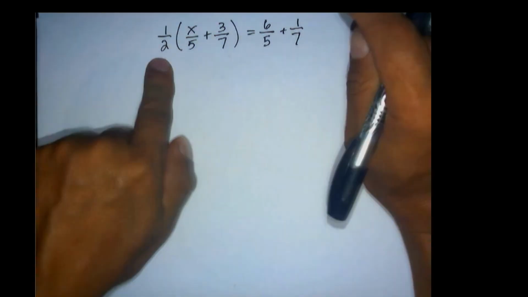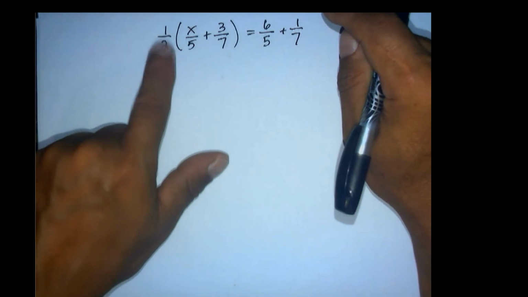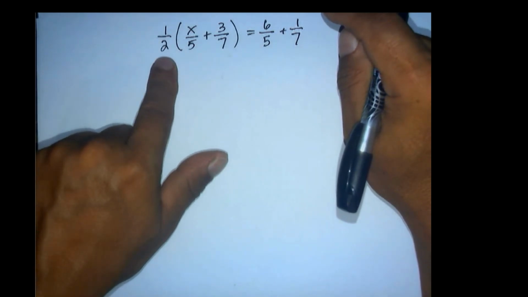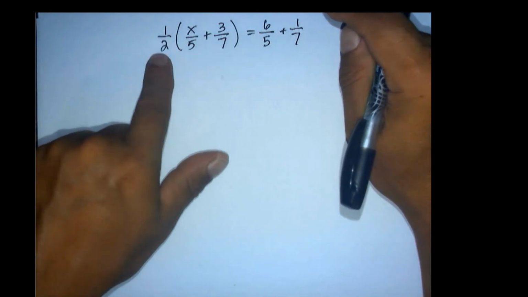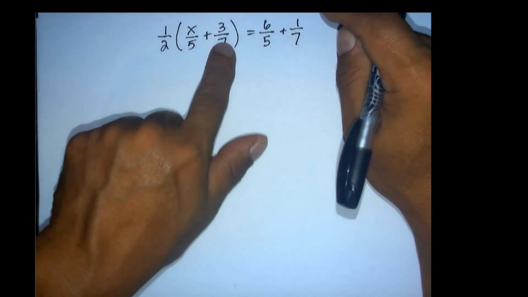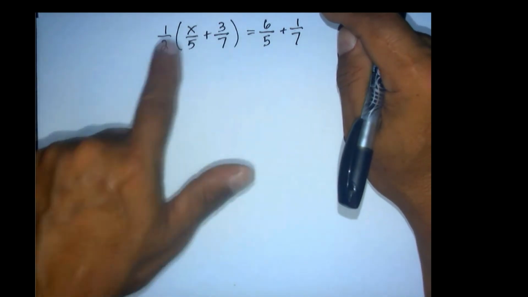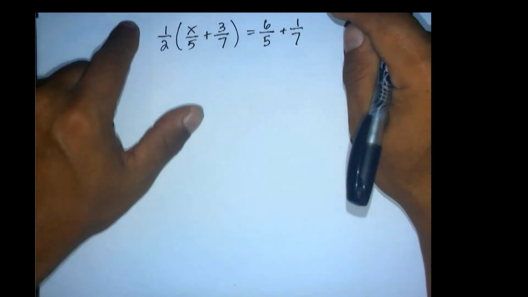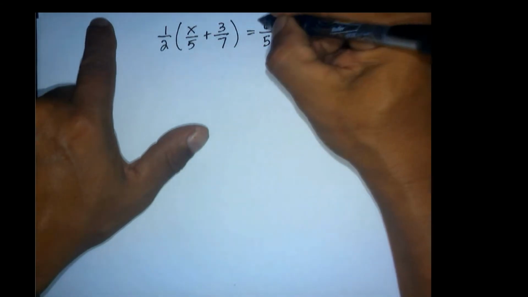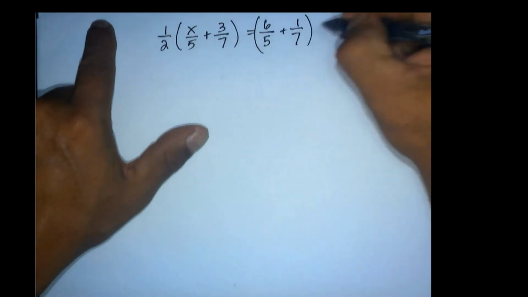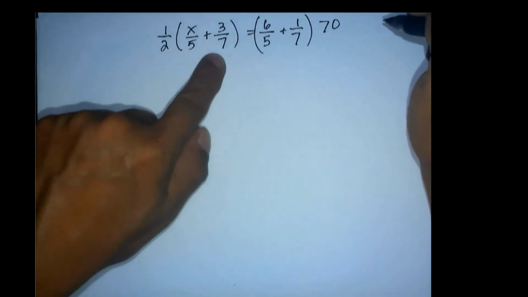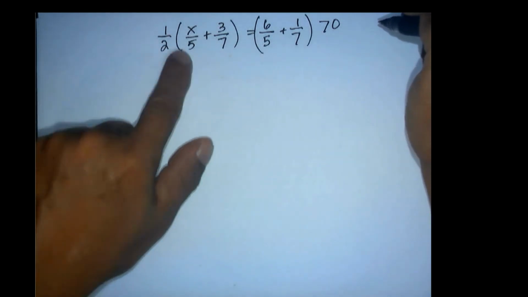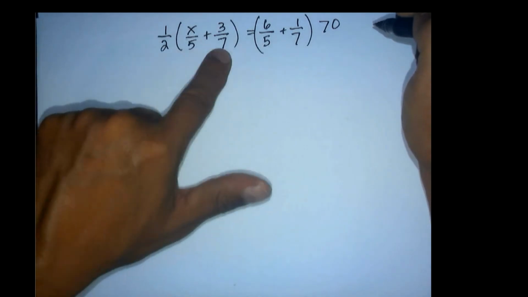If the fraction is outside, you can either distribute first. There's no need to multiply by all the numbers. But if we were to do that, because the LCD is 70, all the numbers are prime, that's why I picked them. So 2 times 5 is 10 times 7 is 70.